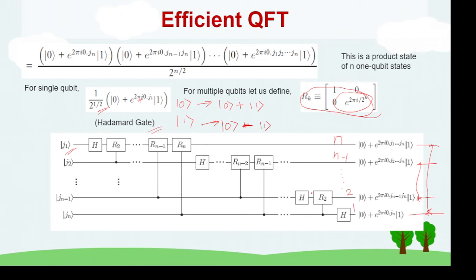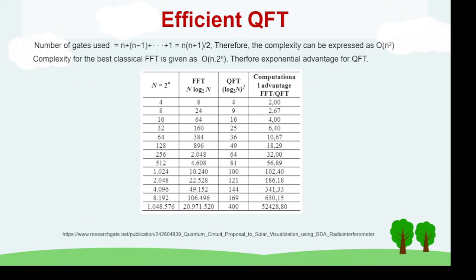So one Hadamard gate, here one Hadamard and one rotational gate. So we have n plus n minus 1, like that, which can be expressed as n into n plus 1 by 2. So which shows that the complexity can be expressed as n squared. Okay, that is what is given here.